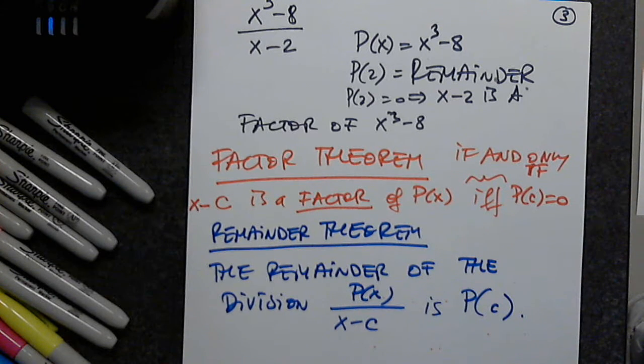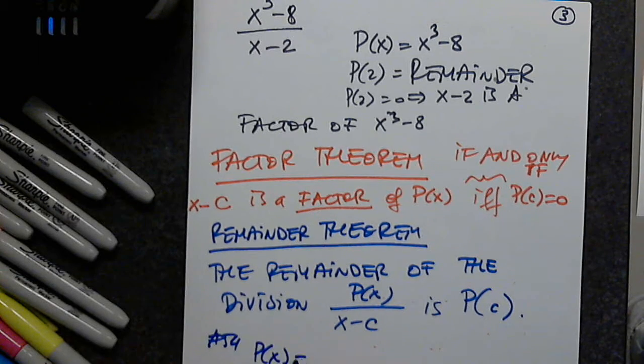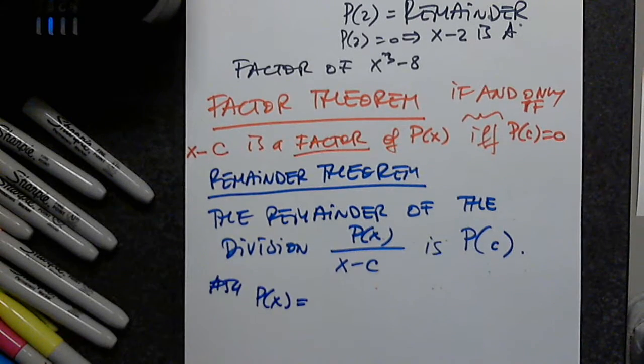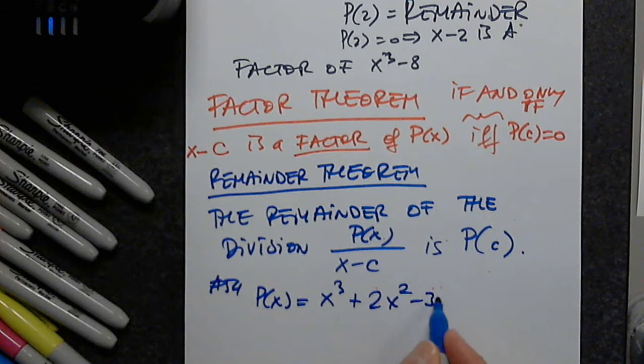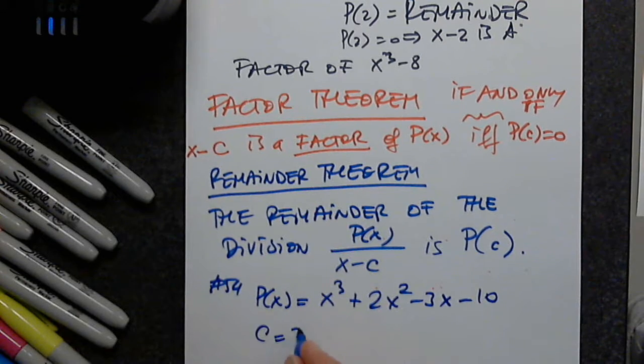Use the factor theorem to show that x minus c is a factor of P of x for the given values of c. Okay, let's say number 54. P of x equals x cubed plus 2x squared minus 3x minus 10, c equals 2.